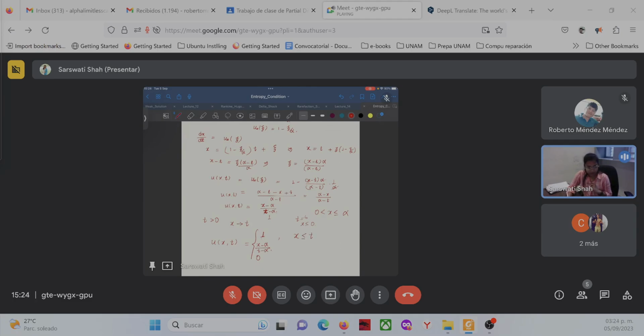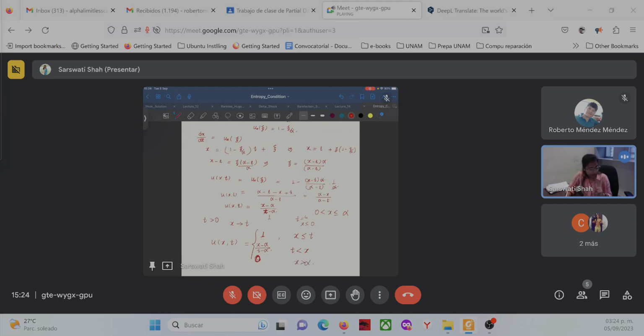When x approaches t from the left it is 1, and when x approaches t from the right it is 1, so it is continuous. Now the second case comes, 0. When x approaches alpha from the left this becomes 0, and when x approaches alpha from the right it is 0, so x is greater than alpha.